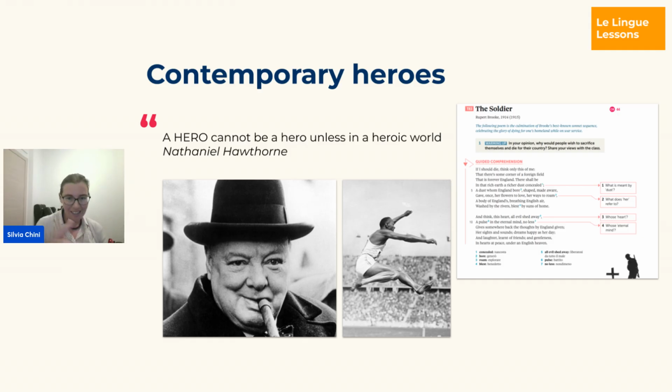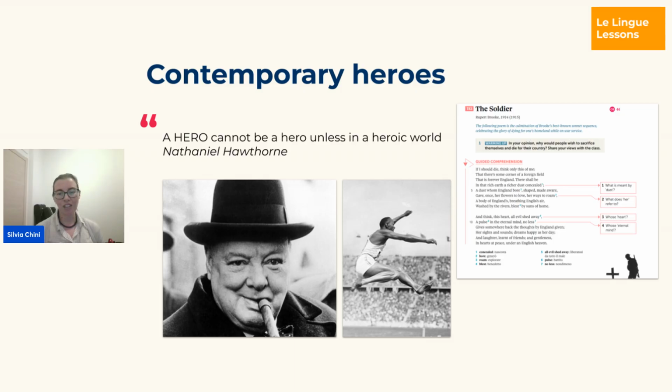As you read in the quotation, he said a hero cannot be a hero unless in a heroic world. So our world is not heroic anymore. But in spite of all that, we still have heroes. There's no agreed definition. We have a clear definition of an epic hero and of a superhero, but we have no clear definition of contemporary heroes.